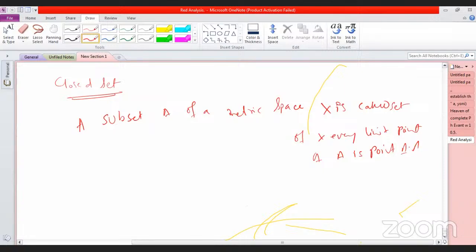What we have told in the open set? Two limit points. Yeah. So here, a subset A of metric space X is called a closed set if every limit point of A belongs to A. అక్కడ 2 points అన్నాం, ఇక్కడ every limit point అంటున్నాం. Clear? Yes sir. Every limit point of A.